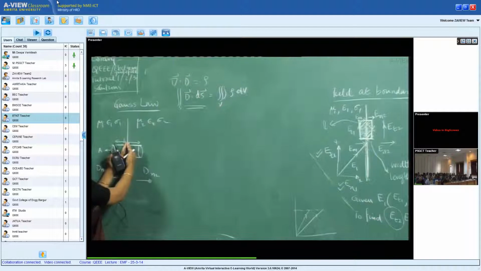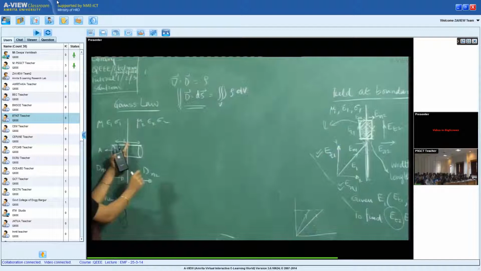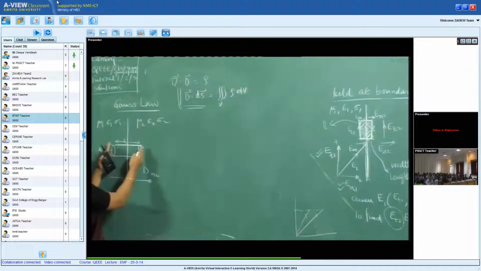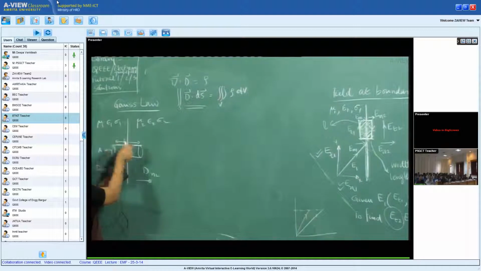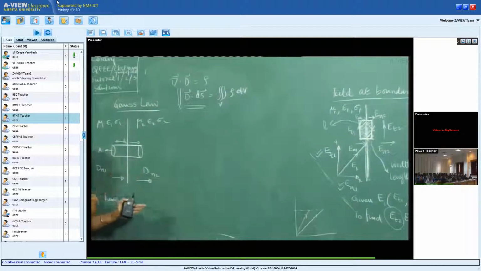When H tends to 0, I will have an infinitesimally small cylinder whose area of cross section is A but whose length H is close to 0. You are sitting at the boundary and you are trying to see what is on the left side, what is on the right side.